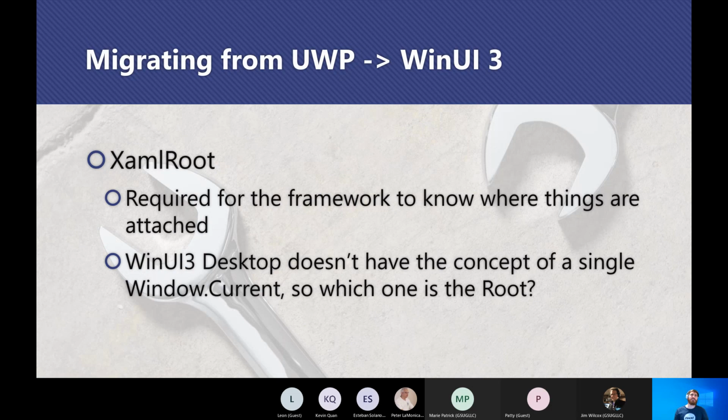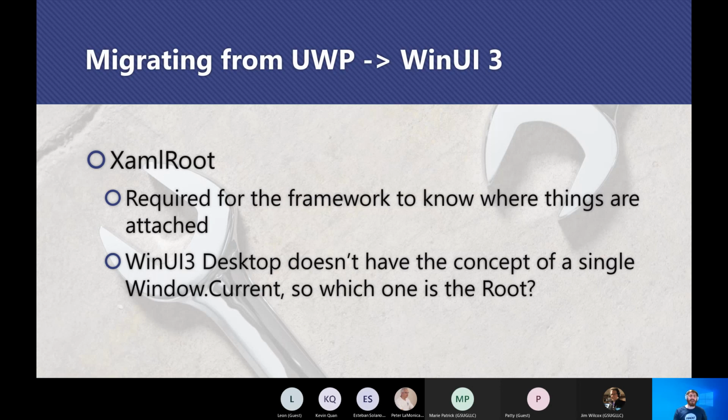Whenever you have a UDLP application running, you actually have a concept of a core window. That core window doesn't exist on WinUI 3. Not when you're running inside a Win32 context. If you're running inside a UDLP context, you have the same concept, but not if you're running as a desktop app, as a Win32 app.